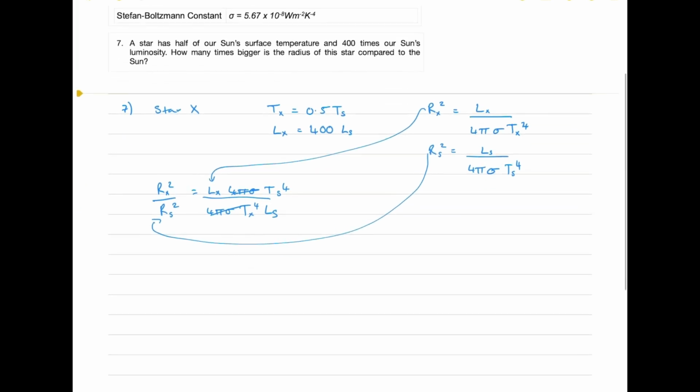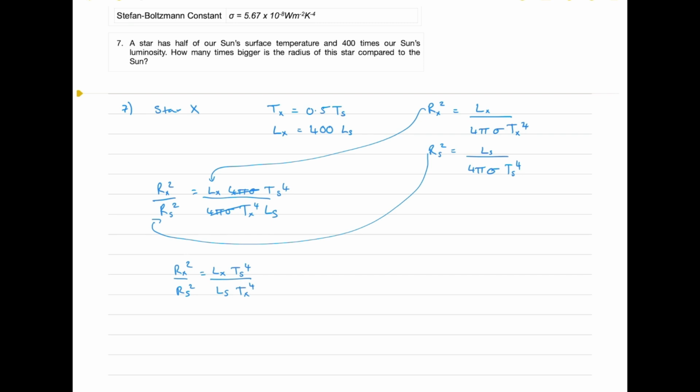So we're left with a slightly nicer looking sum of Lx Ts to the power 4 over Ls Tx to the power 4.